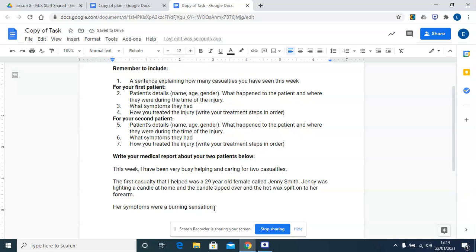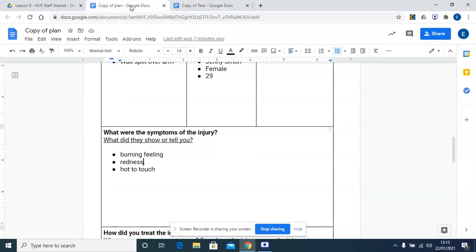So: burning sensation, redness, and the burn was hot to touch. Okay, so I've said what her symptoms were, so now I'm going to explain how I treated the injury.